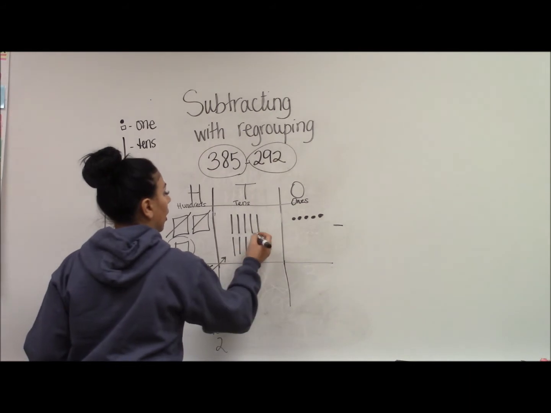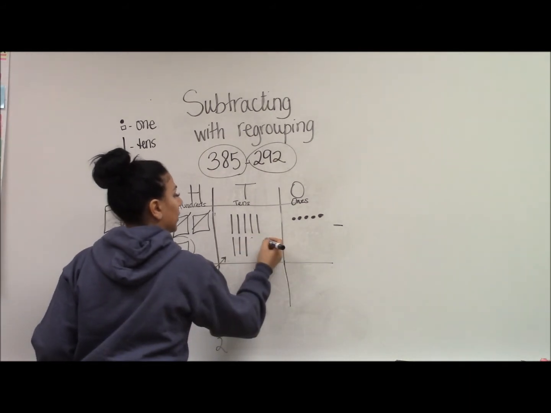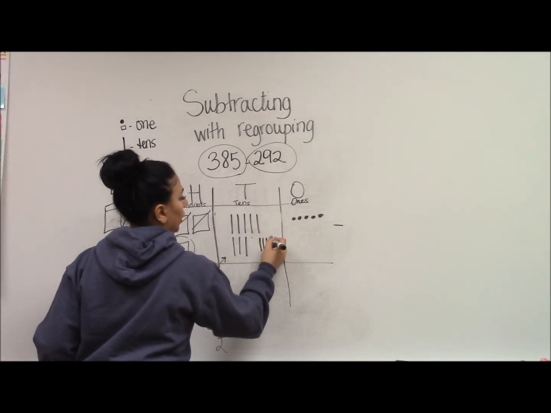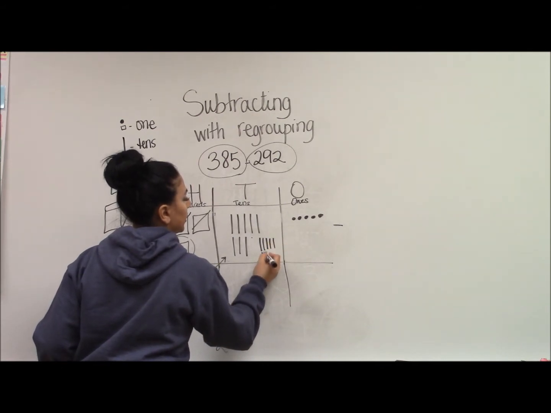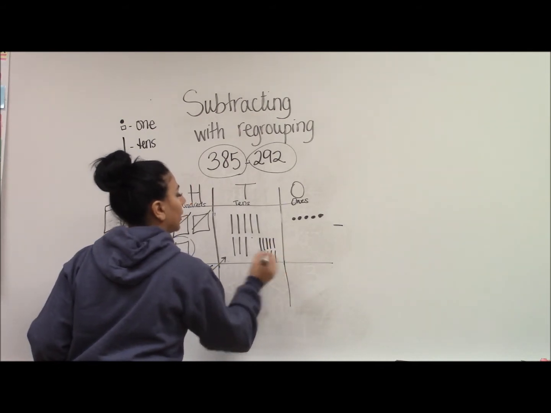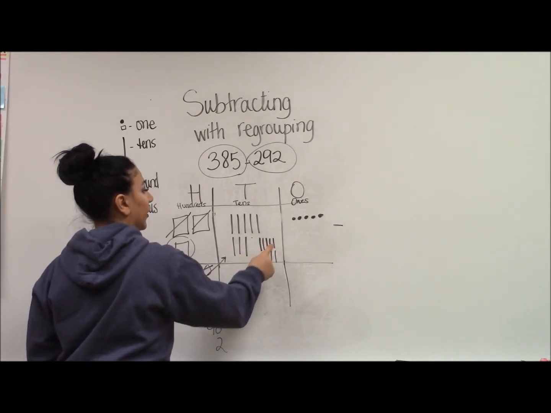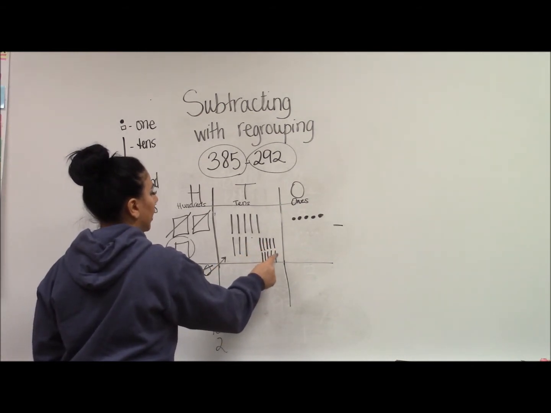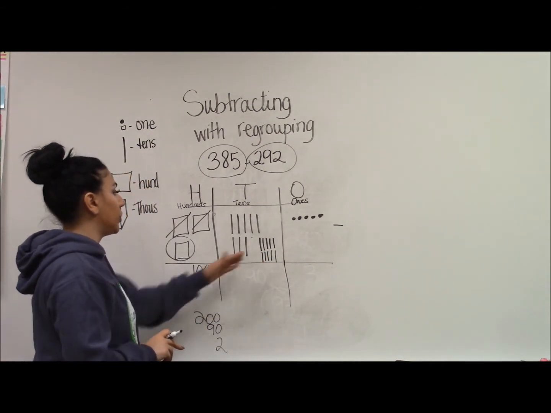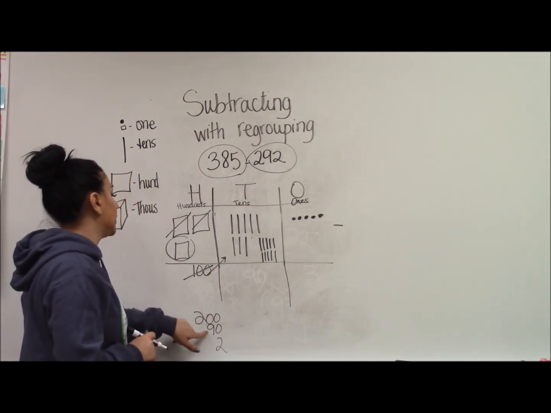So I'm going to draw 10 tens. 1, 2, 3, 4, 5, 6, 7, 8, 9, 10. This is to tell me that 10, 20, 30, 40, 50, 60, 70, 80, 90, 100. 100 was regrouped into the tens place to allow me to take away 90.